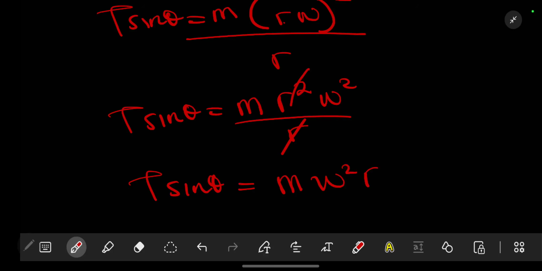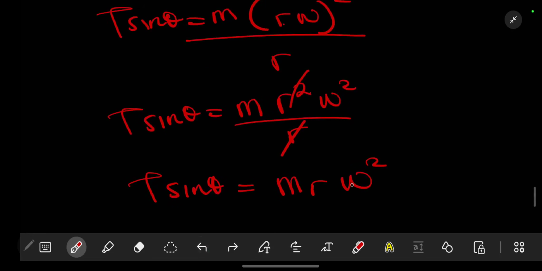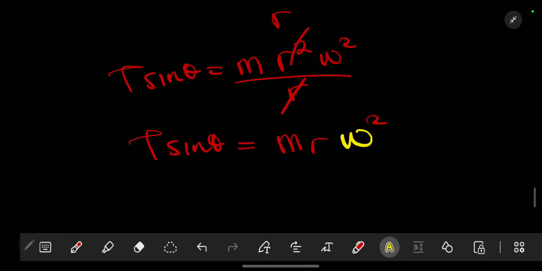Now, if I want, I can just put m r omega squared, because this r was cancelled. Now we want to make this the subject of the formula, because that's the one we want.